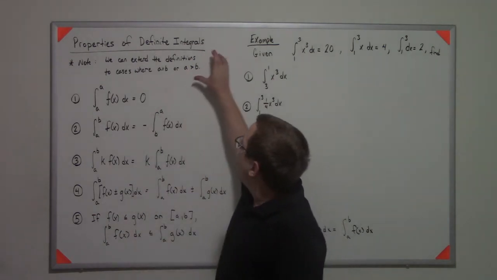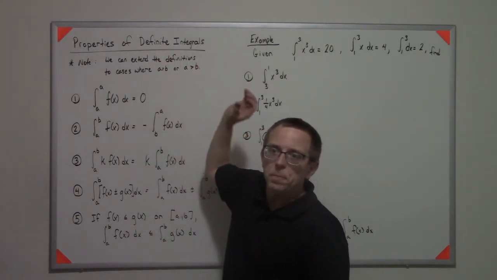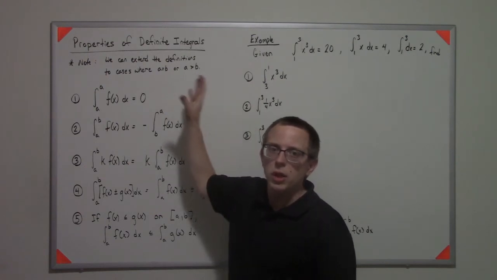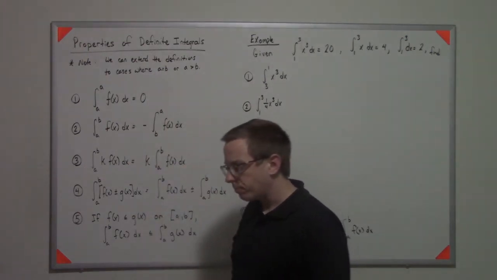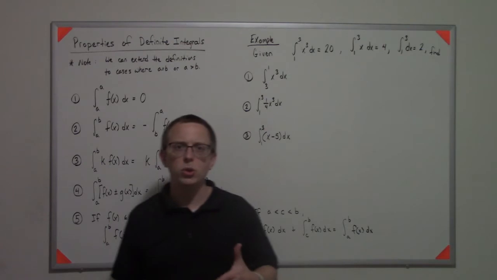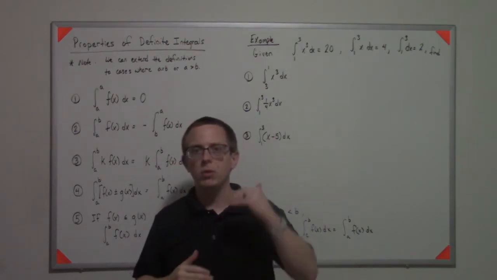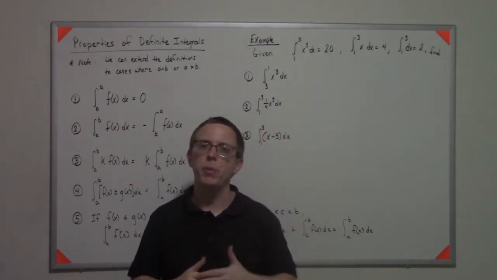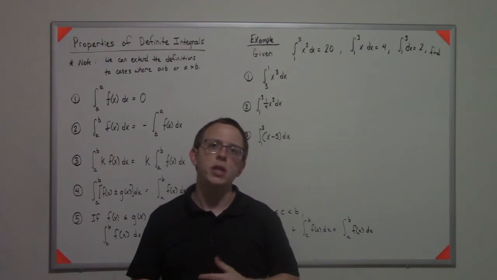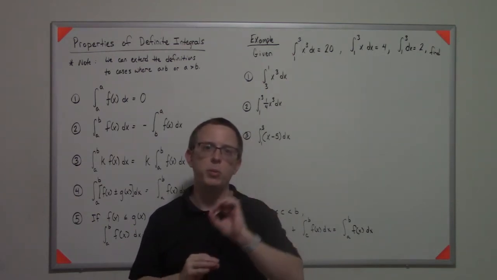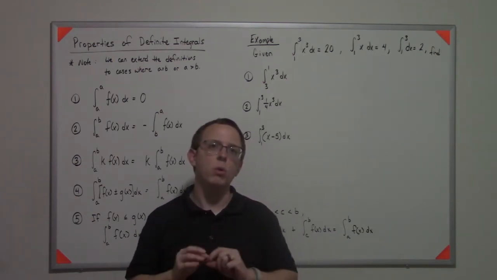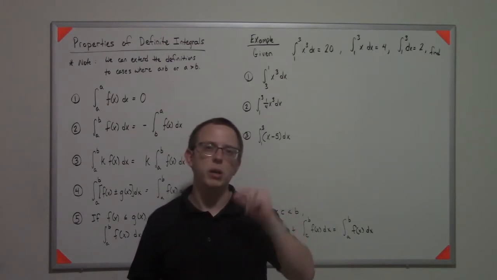So we've normally thought about closed intervals from a to b. But instead of having a lower bound strictly less than an upper bound, we can even do interesting things like letting the lower and upper bound be the same number, or letting the lower bound be a larger number than the upper bound.